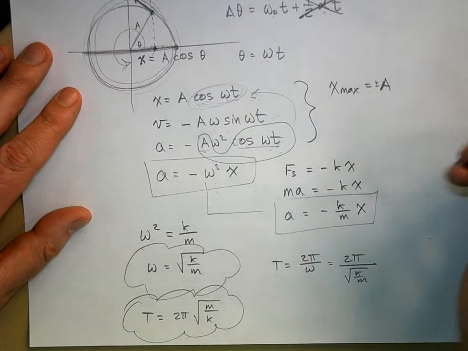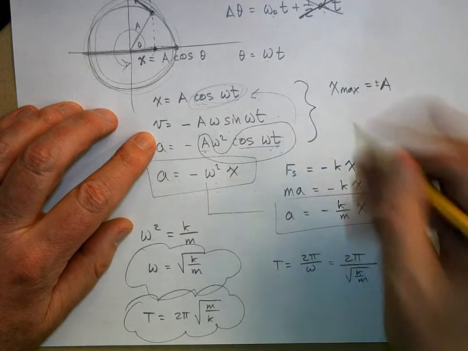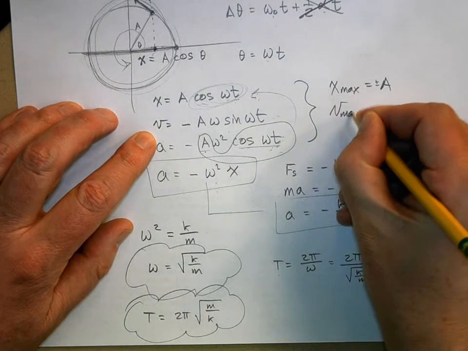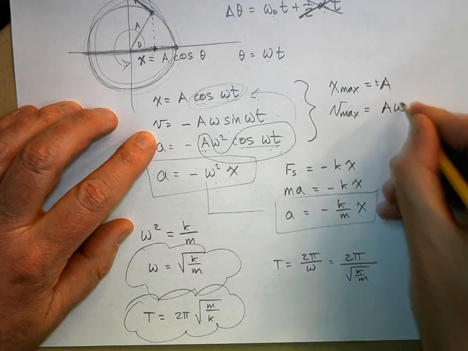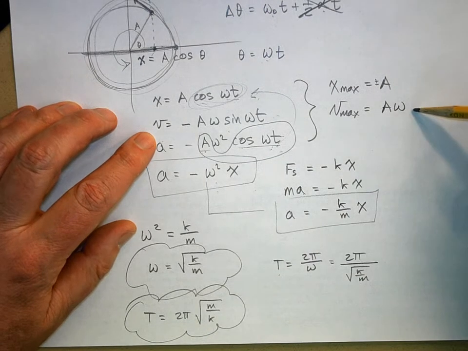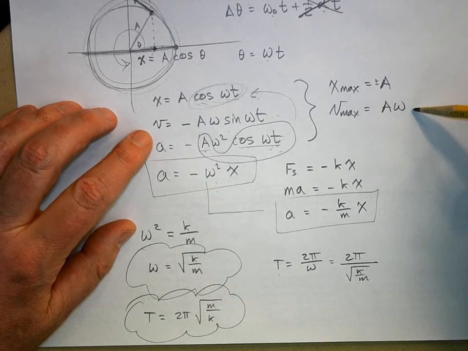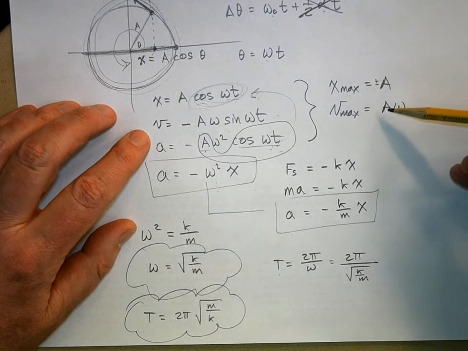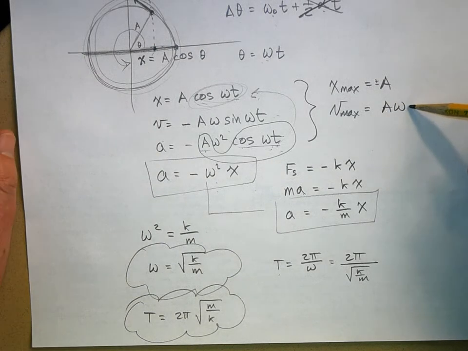And then what about v? Well, the maximum velocity is equal to A omega. Now, we did this with circular motion, right? We said the maximum velocity is equal to, this would be the radius of the circle, and this would be the angular velocity.